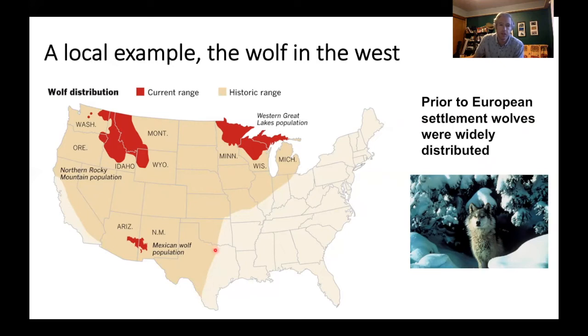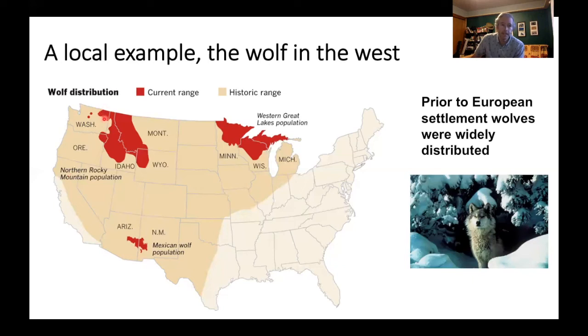So this dark yellow, orangey colour is the historic range of where wolves used to exist before Europeans came to America. There were still Native Americans living in America. They coexisted with wolves for millennia. But this is the distribution of wolves prior to Europeans arriving in North America.